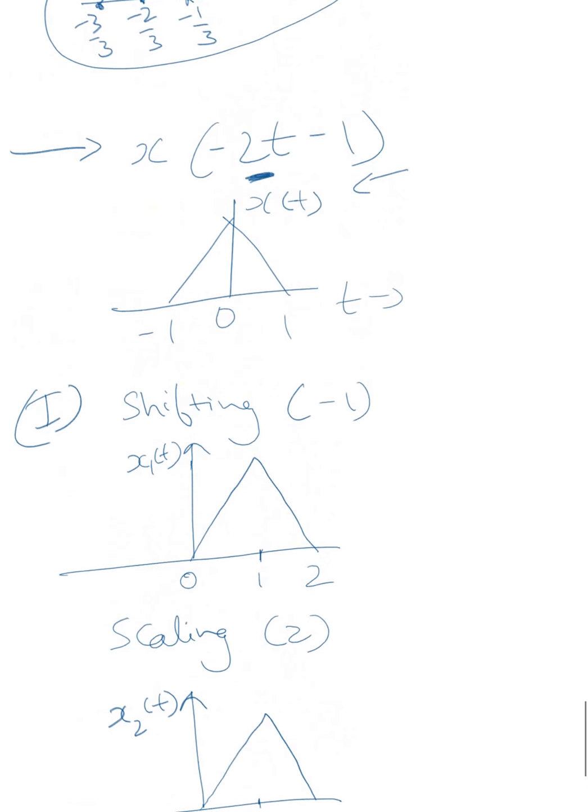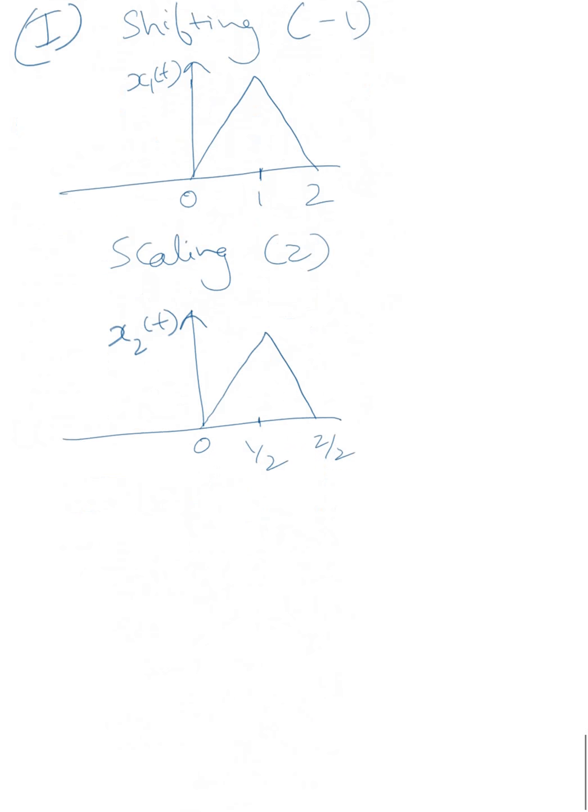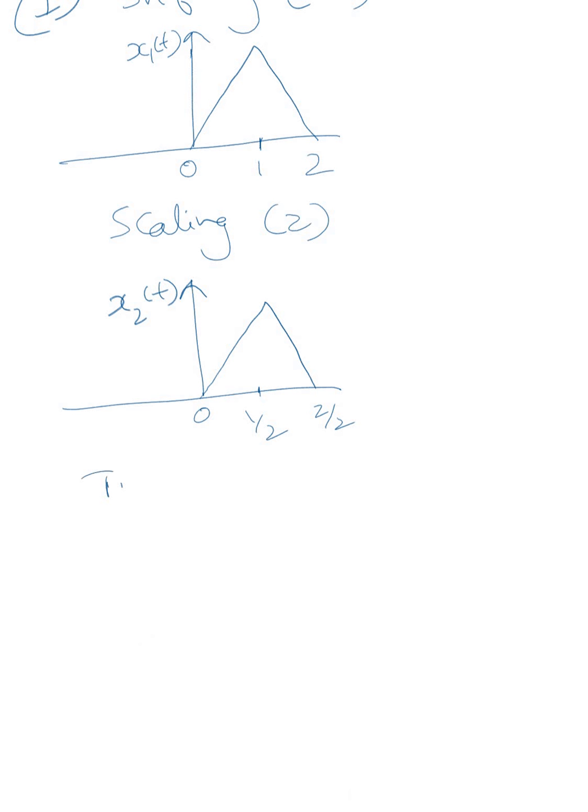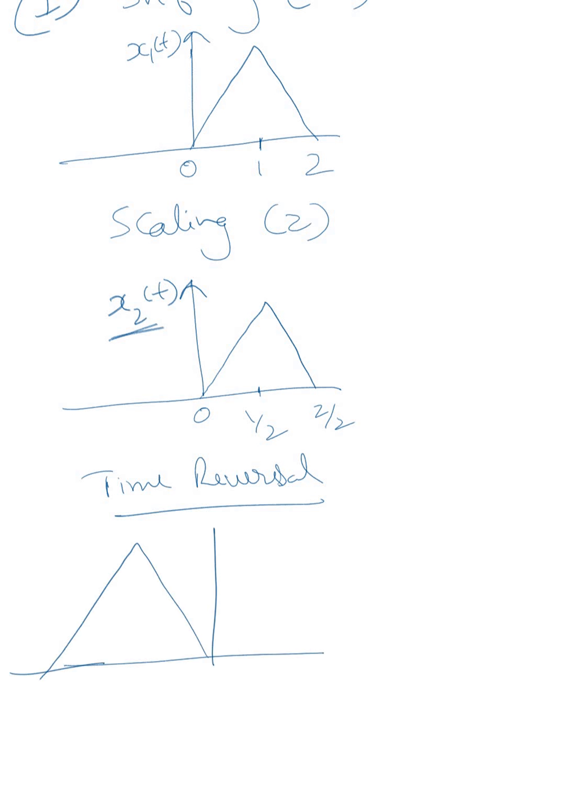Now if we move further, the next operation present over here is time reversal. So now let us apply time reversal over the latest signal, which is x2 of t. Time reversal results into the reflection or folding of the signal around the origin axis.